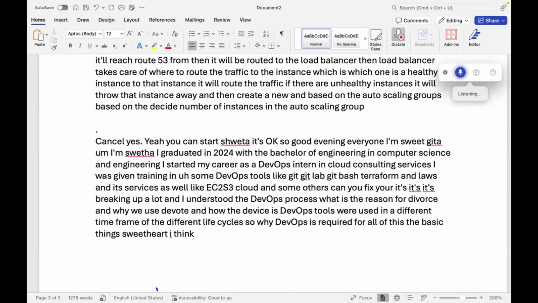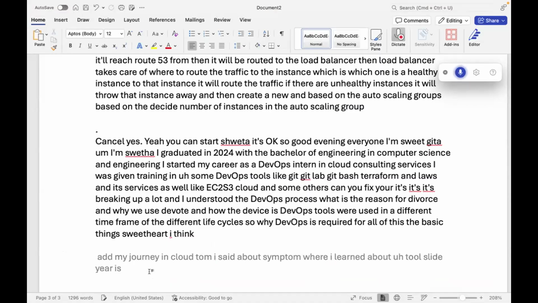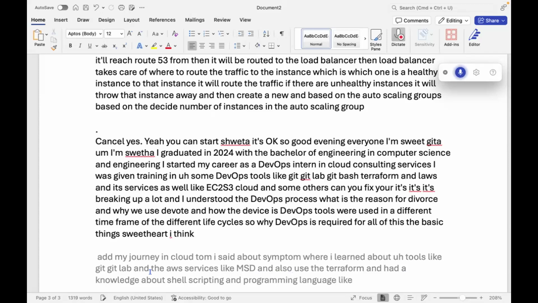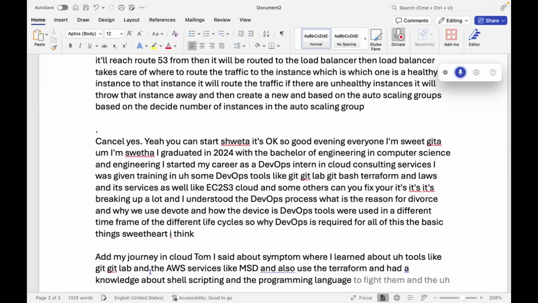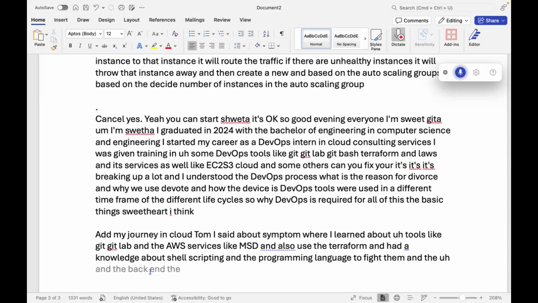I started my journey in CloudTom as a DevOps intern, where I learned about tools like GitLab and AWS services like IAM, S3, and also used Terraform and had knowledge about shell scripting and the programming language Python, and the backend application Django, and used Docker for containerization and Postgres as the database.